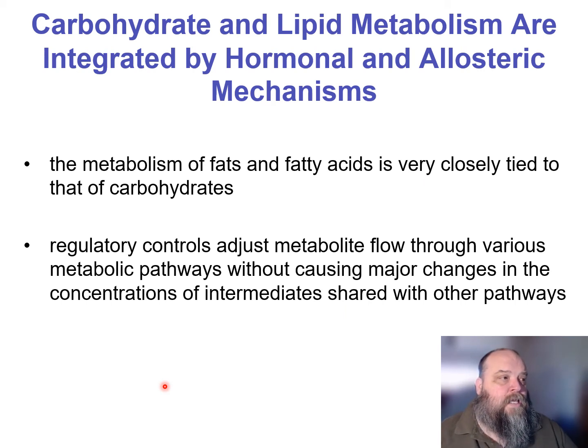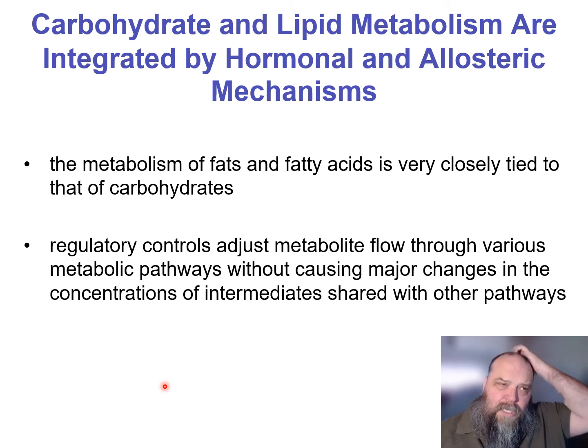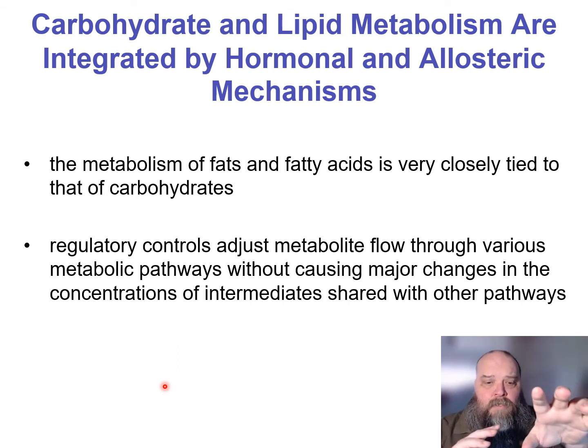What we know now is carbohydrate and lipid metabolism are integrated and hormonally regulated. What turns on one turns off the other. Well, I don't want to say turn on, turn off. Let's say shifts. Shifts from one to the other metabolically. There are allosteric mechanisms so that if the cell has lots of carbohydrates available, it's going to shift metabolism from fatty acid to carbohydrate.